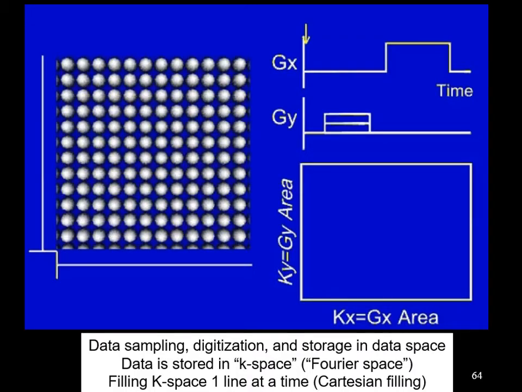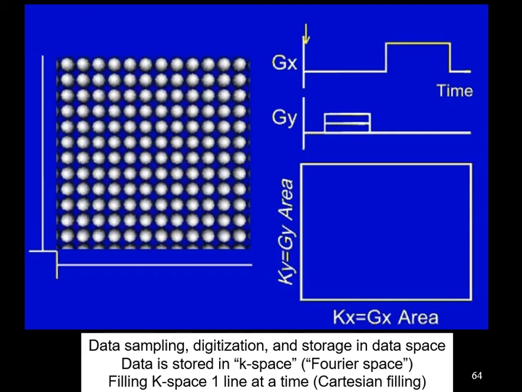In the previous 2 slides, I demonstrated how vertically oriented stripes could be created across the whole image by using an x gradient, and how horizontally oriented stripes could be created by using a y gradient. In this next animation, I'm going to demonstrate how x and y gradients can be applied one after the other or together to create obliquely oriented stripes of any orientation at any frequency across the whole image.